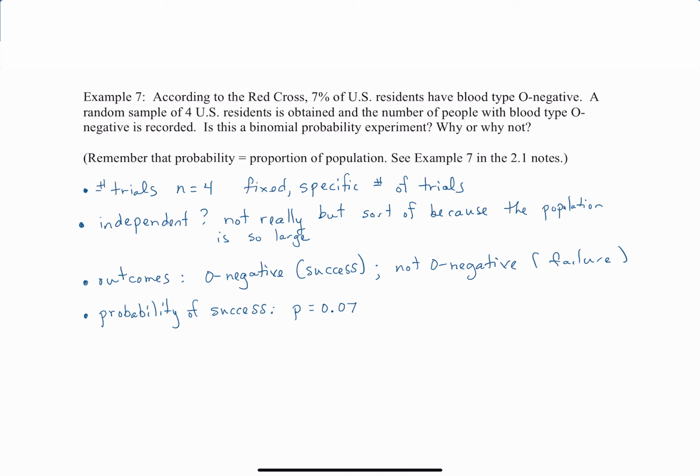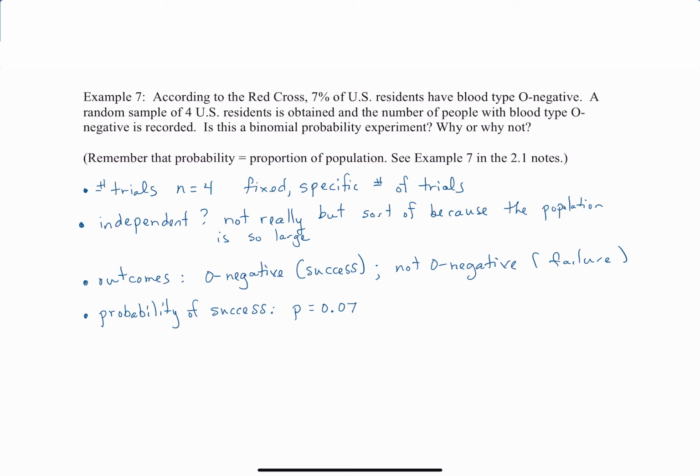And that's why I put the note here. Remember that the probability of getting a certain characteristic, if you randomly select someone from the population, is the same as the proportion of the population that has that characteristic. And we talked about that in section 2.1.